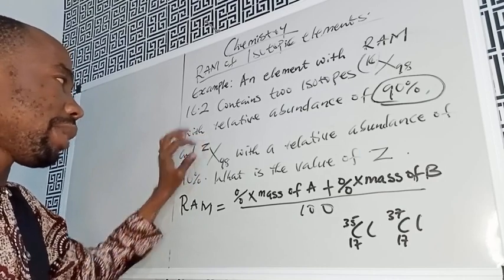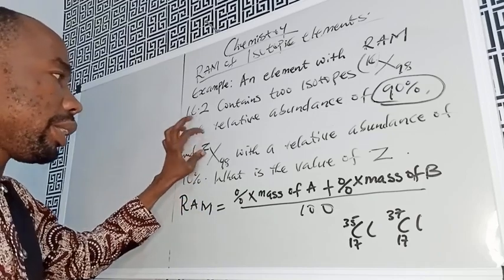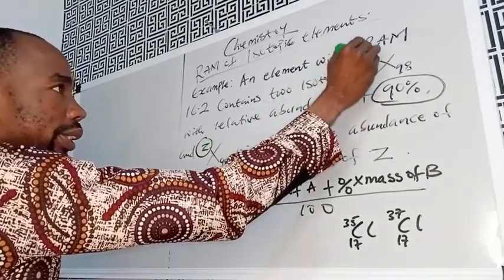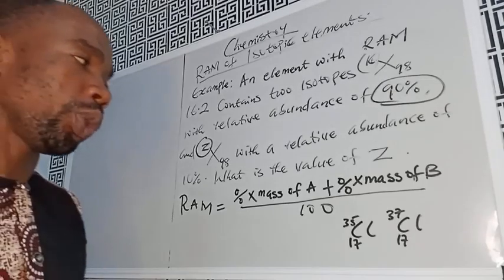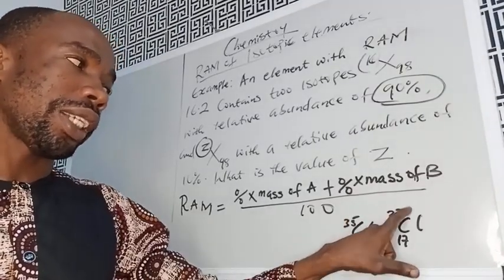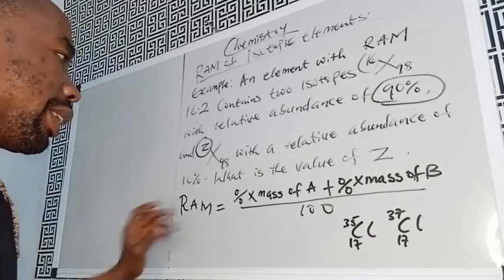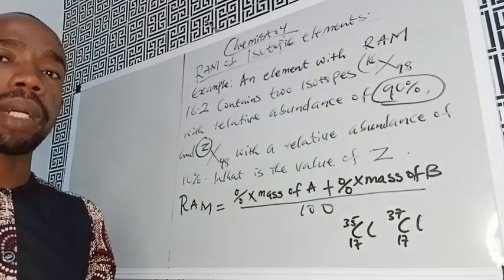We are asked to find the value of this Z. Remember, I said that in an isotope, they have different atomic masses but the same atomic number. So if this one is 16, what will this mass be?